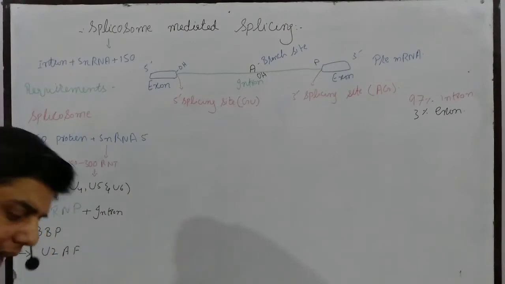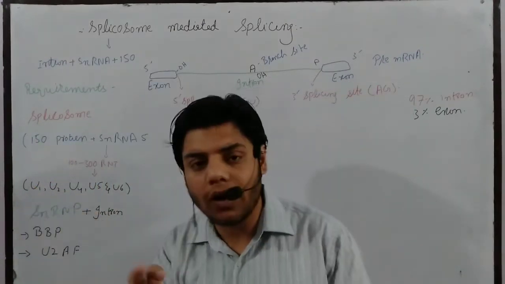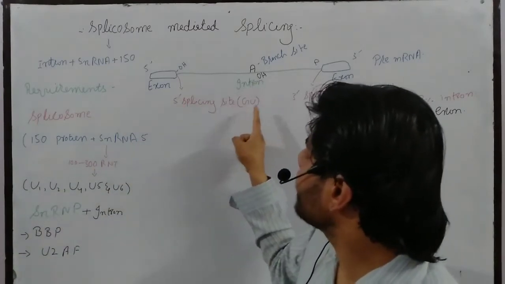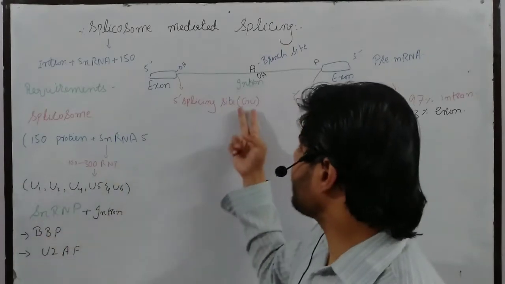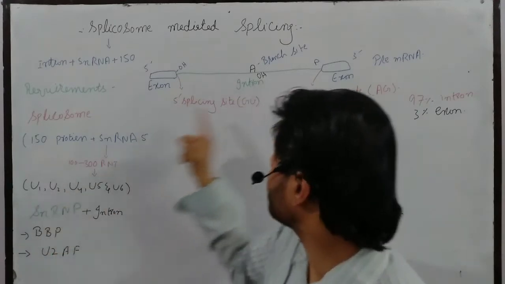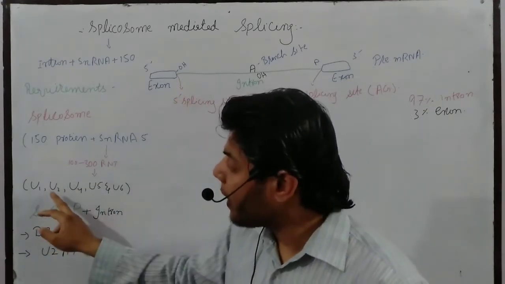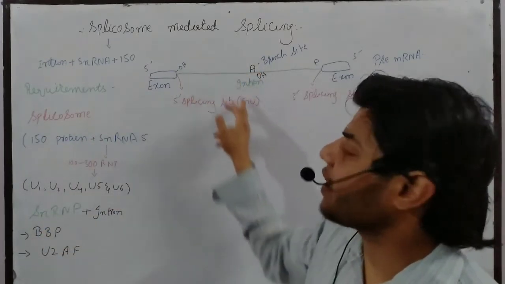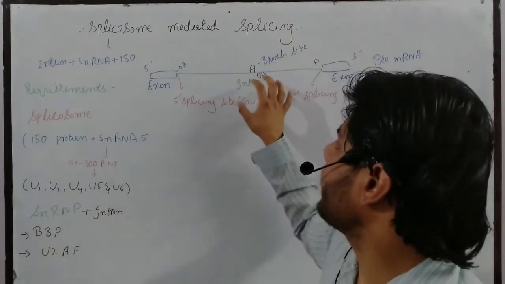As U1 is an RNA, inside the U1 RNA sequence we have the CA region. So if we have the CA nucleotides, it will be complementary and will bind that specific area. That's why U1 recognizes the 5' splicing site. Then U2 will recognize this branch site.